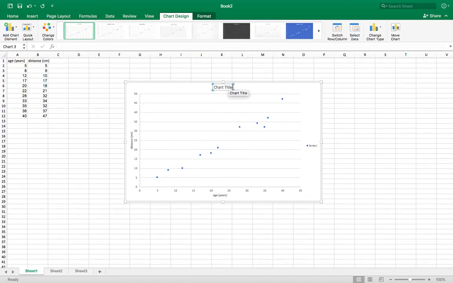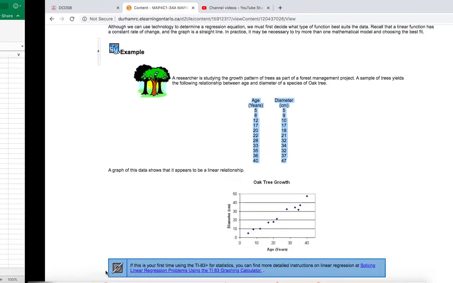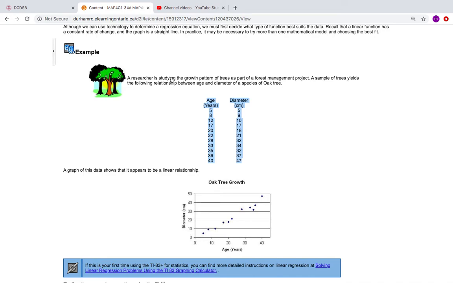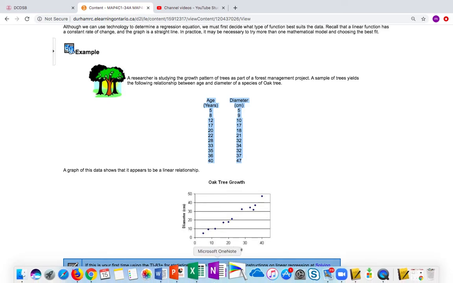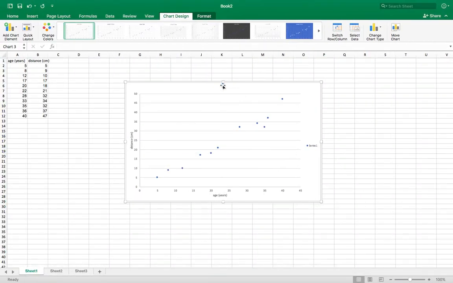The title could be what the question is also about. A researcher is studying the growth pattern of trees, so the title could be growth pattern of oak trees.